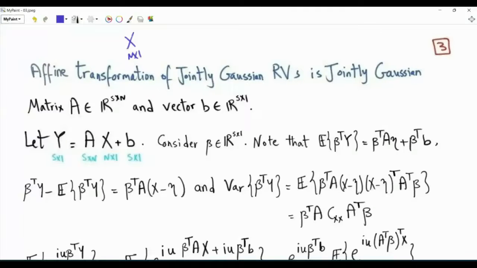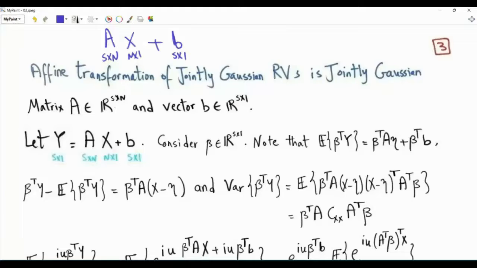Now suppose we take x and we do an affine transformation. We multiply x by a given deterministic matrix A, let's say of size s by n, and then we add a vector b of size s by 1.